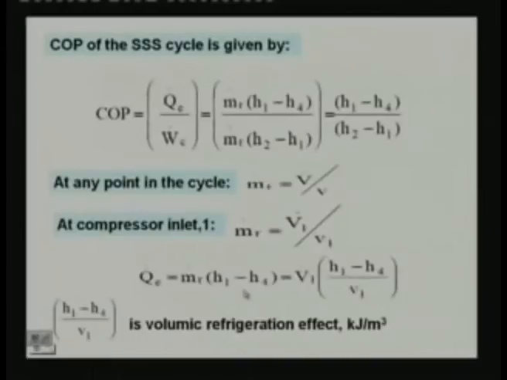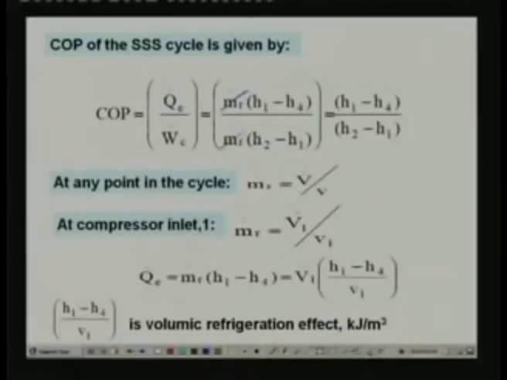Now finally the COP of the SSS cycle is given by Q dot E divided by W dot C. Q dot E is nothing but the refrigeration capacity, which is equal to m dot R into H1 minus H4 divided by m dot R into H2 minus H1.